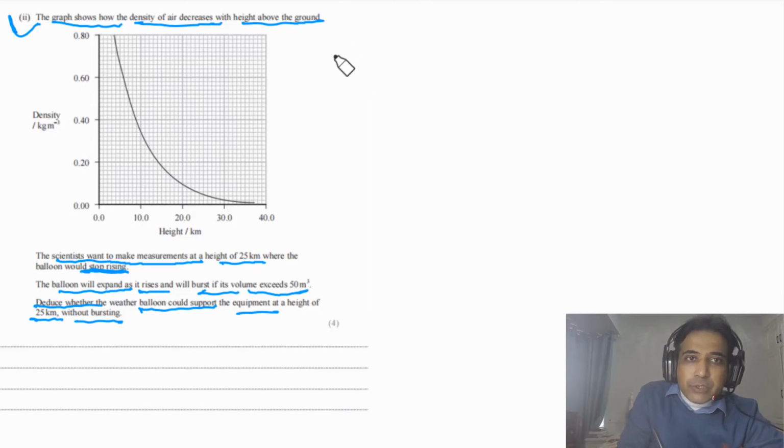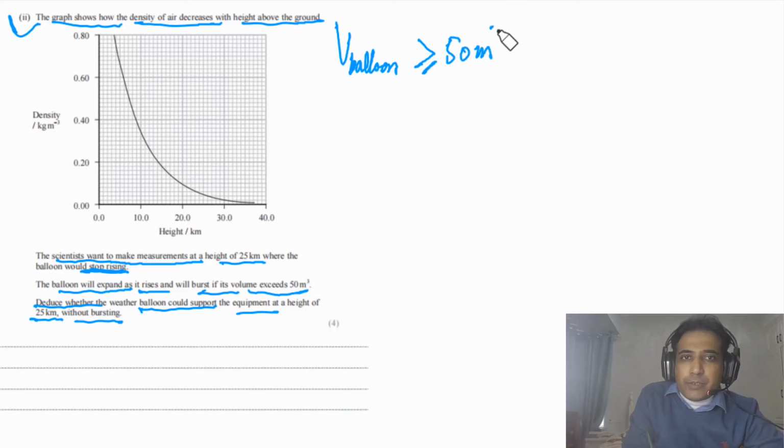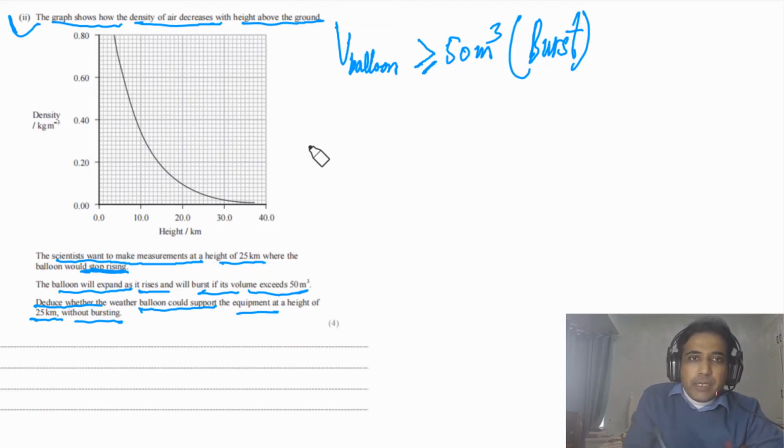So we have a condition: the volume of the balloon should be less than 50 cubic meters. If it exceeds, then the balloon will burst. This is the condition. It is also given that it stopped rising at 25 kilometers. So it means that upward force equals weight, and we can draw the free body diagram.